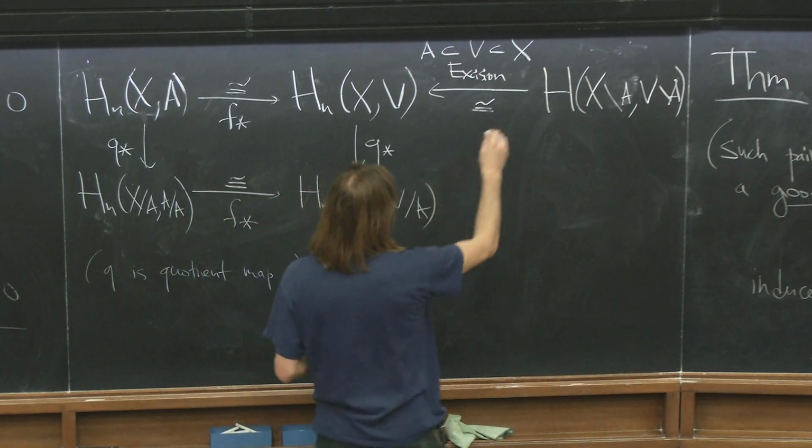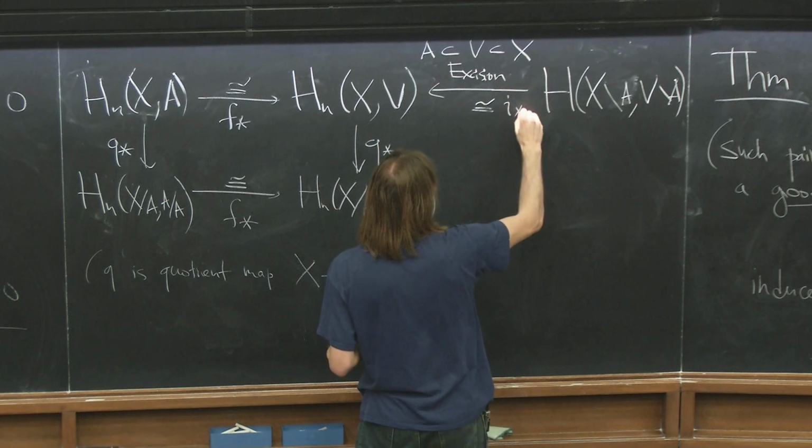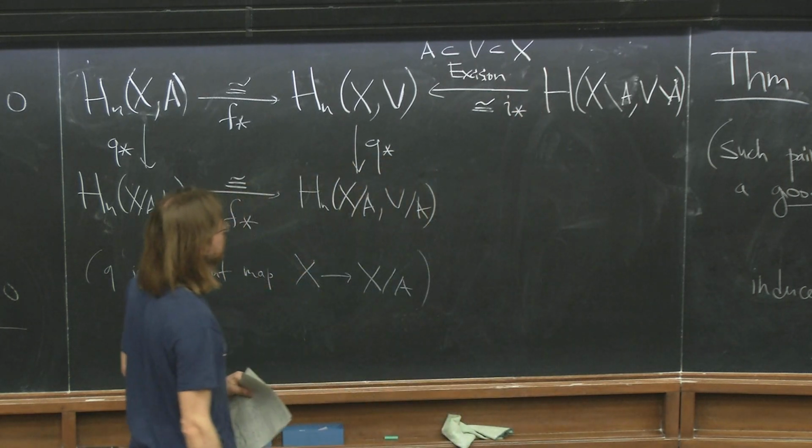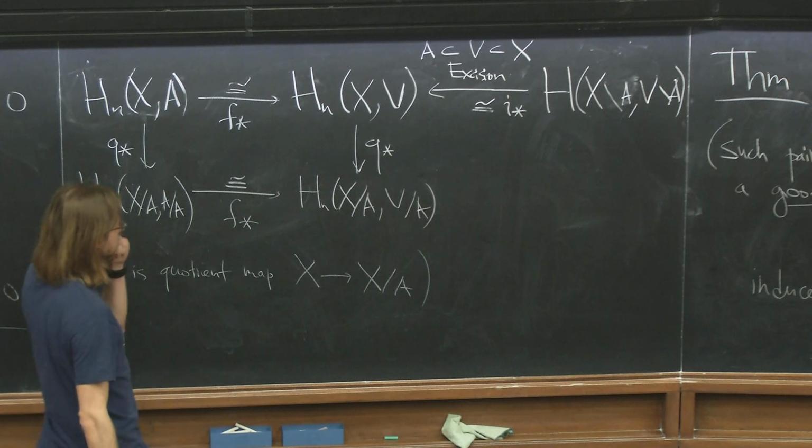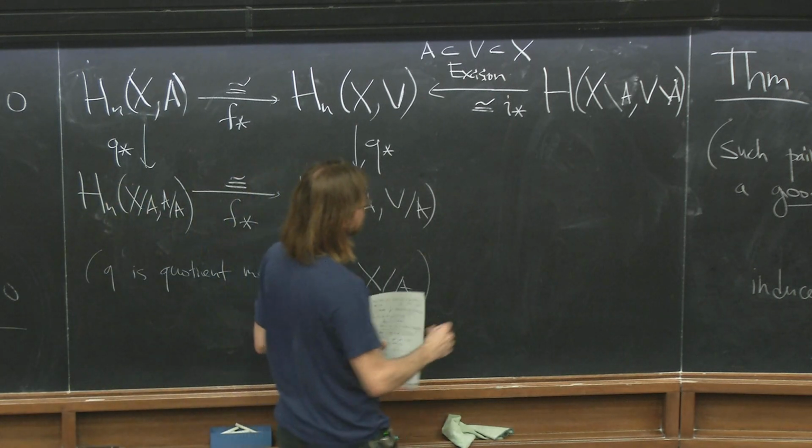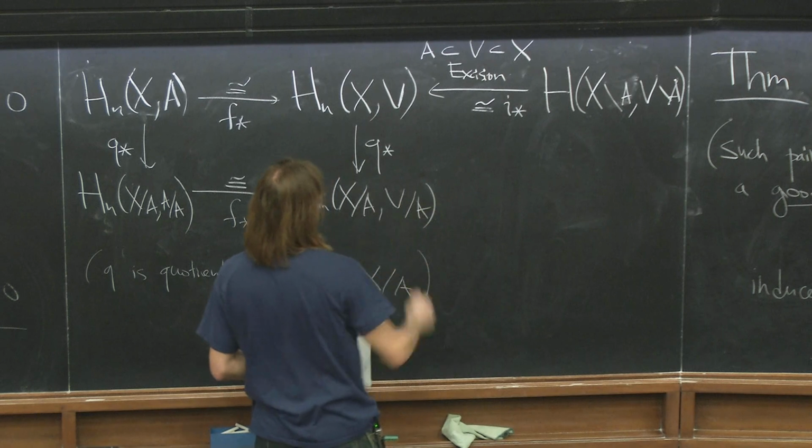And this is just, as you know from the excision, the map which provides the isomorphism is the inclusion of this complement in the original space.